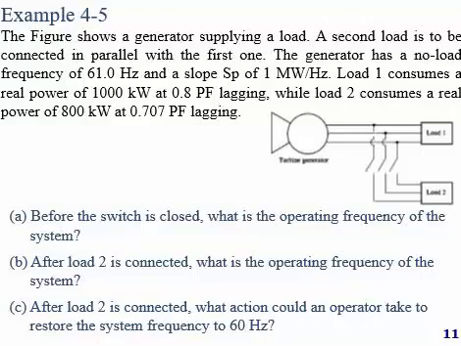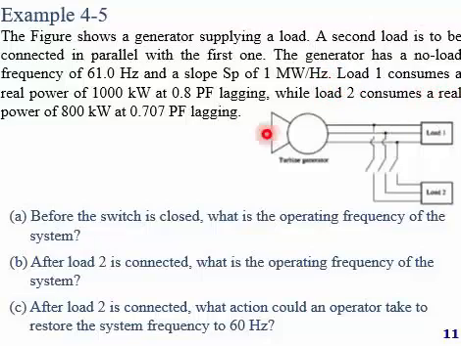Now we go through a simple example in which the figure shows a generator supplying a load, and a second load, load 2, is to be connected in parallel with the first one. The generator has a no load frequency of 61 Hz and a slope of 1 megawatt per Hz.